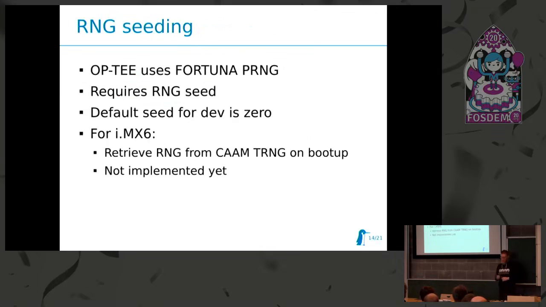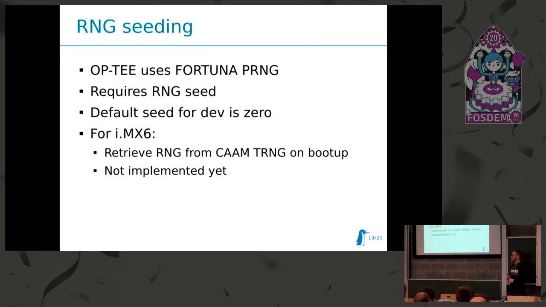Then the next one is RNG seeding. So Opti internally, if you use a software RNG, you can also use a hardware RNG. But due to constraints on our platforms, we don't want to use the hardware RNG. You still require some kind of RNG seed. And the default seed for a development environment is always 0, so it's kind of well predictable. That's not necessarily what you want for a product.